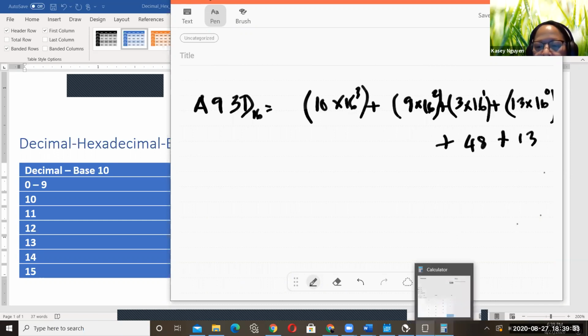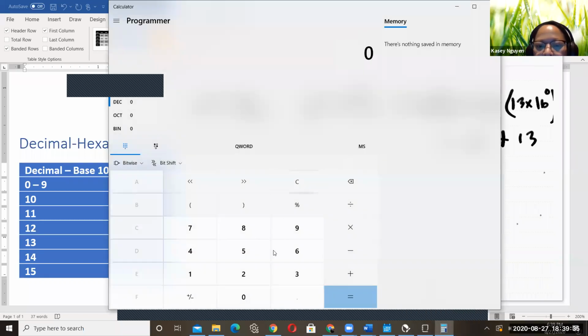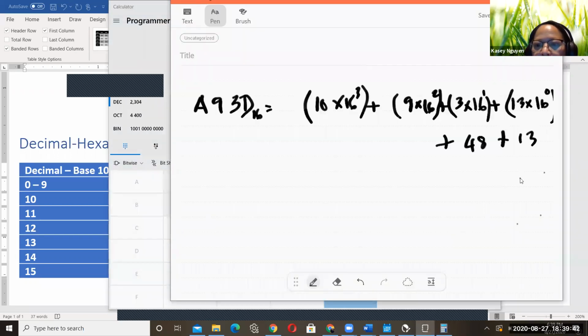So let me get my calculator here. It is 2304. Plus, and then the next one is 16 to the third times 10.